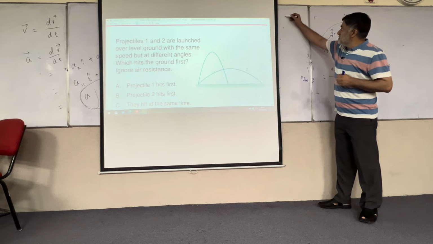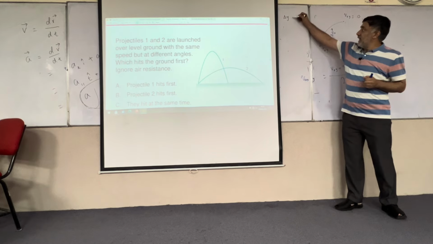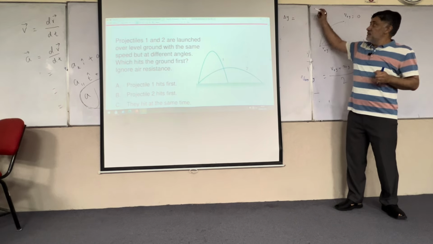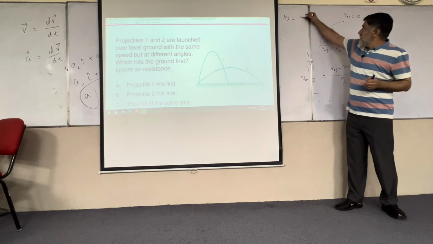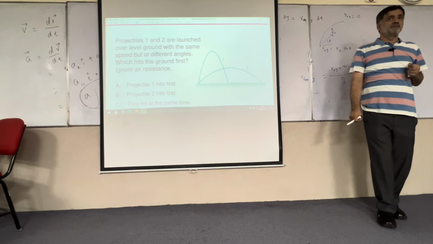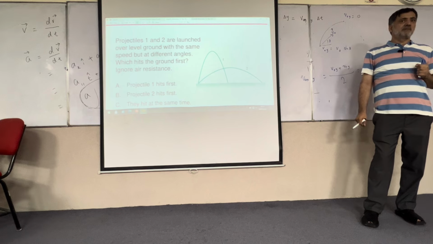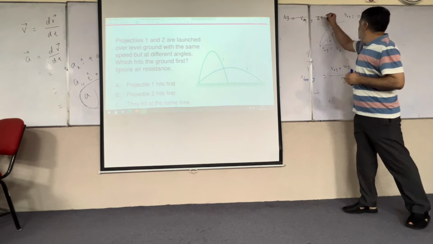So I can now use the equation for the height, which is delta y, the distance, and that will be equal to, no, I can use a simple equation, the average velocity times delta t. Or I can do something else. I can do this.